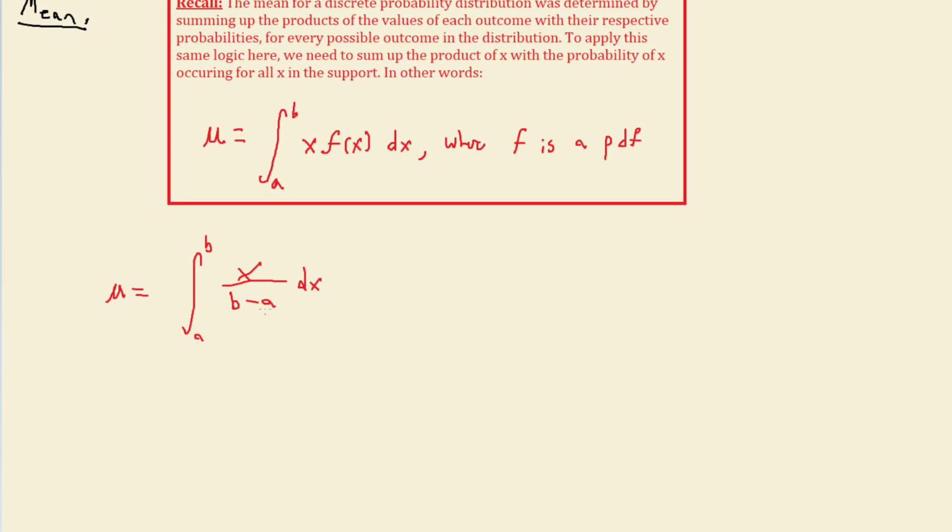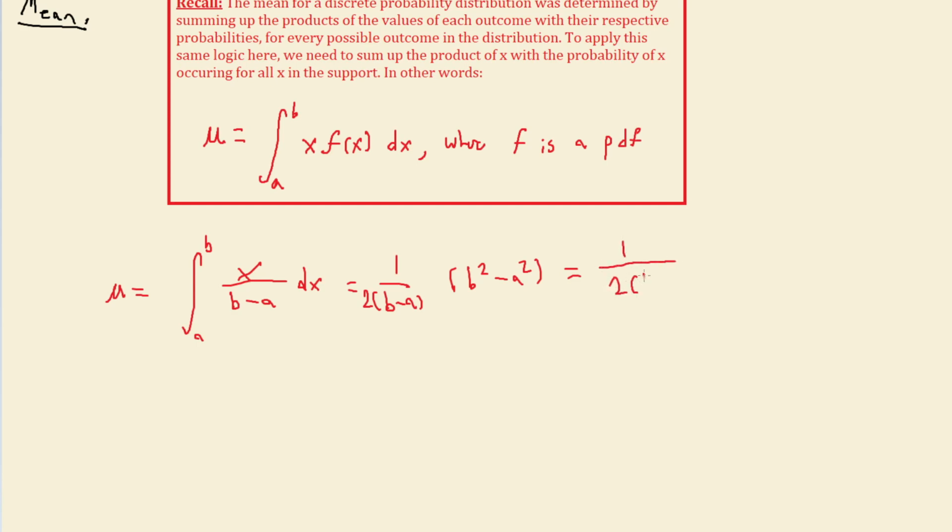But this is just constant, so we can pull this out. This is just going to be 1 over b minus a times the integral of x from a to b with respect to x, and that's just x squared over 2 evaluated at b minus x squared over 2 evaluated at a. I'm going to factor out that 2, and this will be multiplied by b squared minus a squared. But here, this is just a difference of two squares, so we can reduce this further.